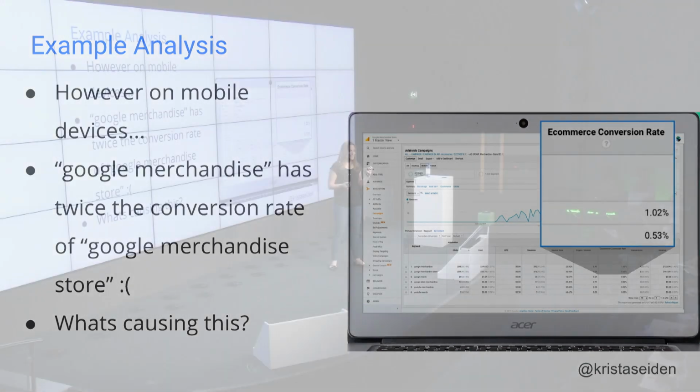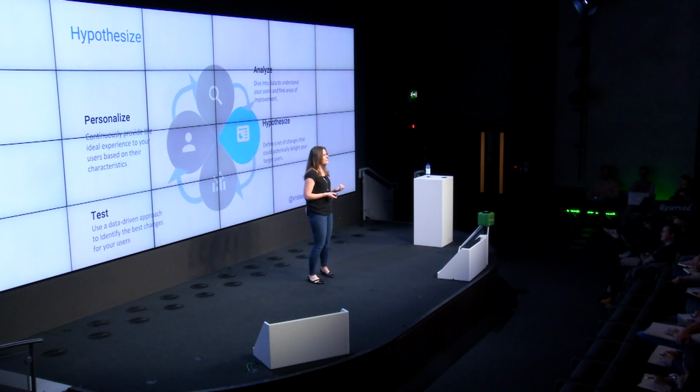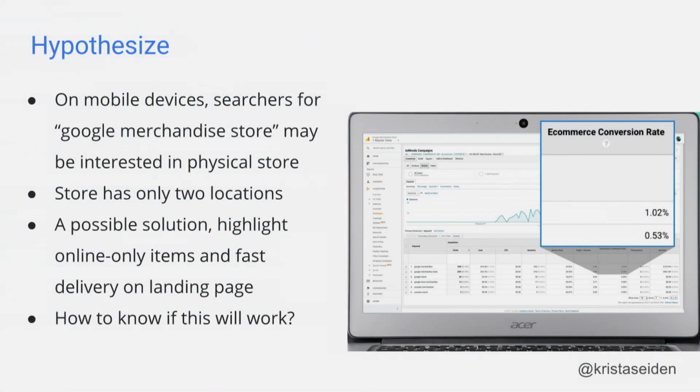Now I'm scratching my head, thinking, what's causing this? That brings us to the next step of our optimization framework. We need to hypothesize. My hypothesis here is that perhaps on a mobile device, if somebody is searching for Google Merchandise Store, they are actually looking for a physical store that they can walk into and buy Google branded gear.